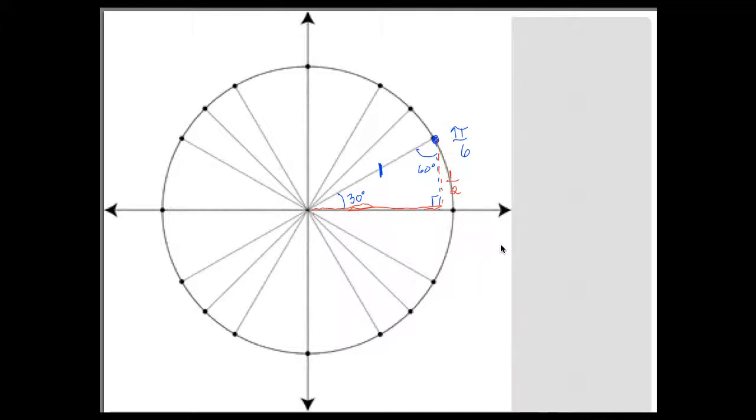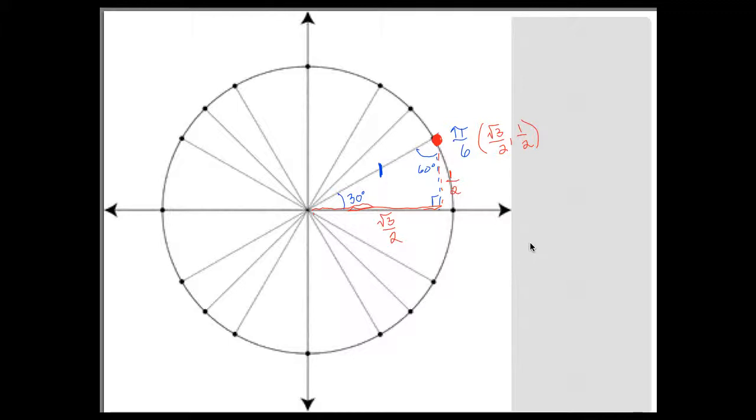And you might remember learning that the long side in a 30-60-90 triangle is the short side times square root of 3. So if we do the short side, which is a half, times square root of 3, we have square root of 3 over 2. So if you think of this now being on an xy Cartesian plane, the ordered pair associated with this point up at pi over 6 is going to be (square root of 3 over 2, 1/2).